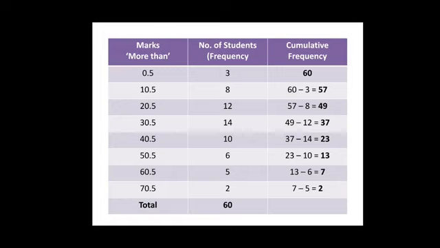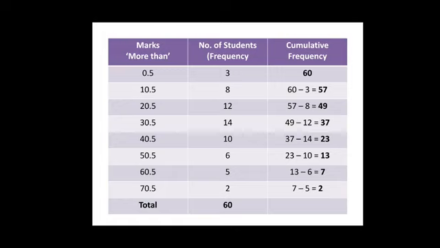Here we want to know the number of students whose marks are more than 0.5, more than 10.5, more than 20.5 and so on. Now the another step is to calculate the cumulative frequencies from the frequencies, and in case of more than method, we subtract the frequency of each class from the total frequency in order to obtain the cumulative frequencies.